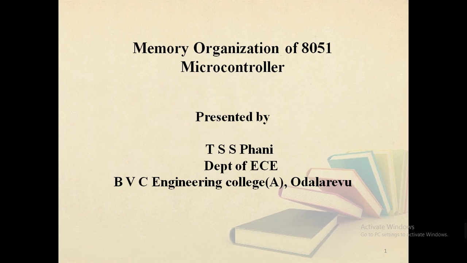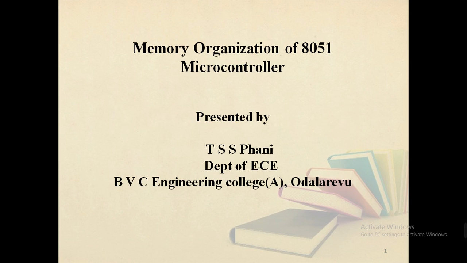Hence, it is clear that memory is an important part of the 8051 microcontroller. So, it is important for us to understand the 8051 microcontroller memory organization.